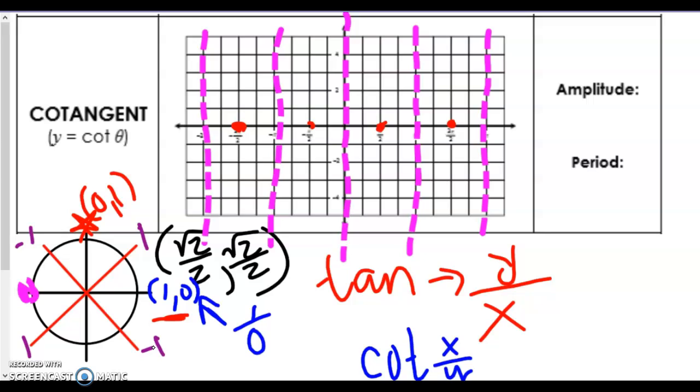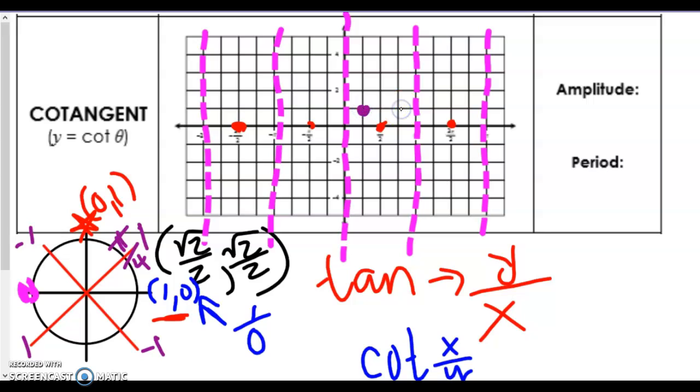Now those are the tangents, and at the same time the cotangent reciprocals. Well, the reciprocal of 1 is 1, so they stay the same, right? So this right here is pi over 4, and at pi over 4, it's 1.